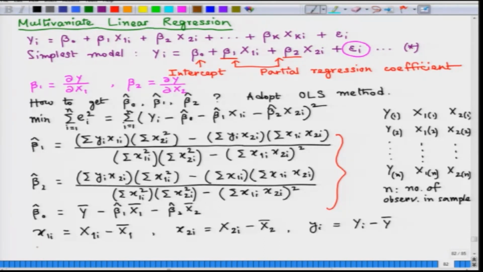Here in this case, let me also give the formula for standard error for the slope parameters or the partial regression coefficients, because these are the most important variables when an applied econometrician uses this regression tool.